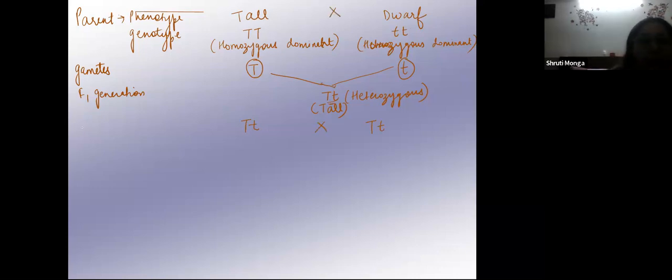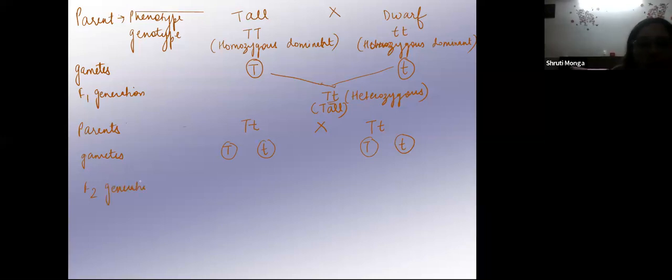You are writing these are the parents. It's your choice if you want to write the genotype and phenotype again. Then the gametes. Then I'm obtaining the F2 generation.